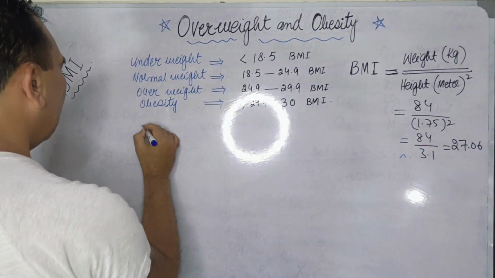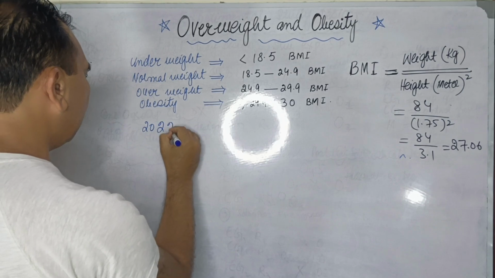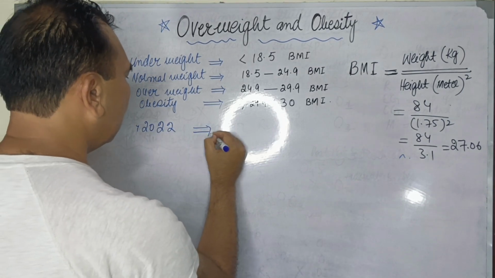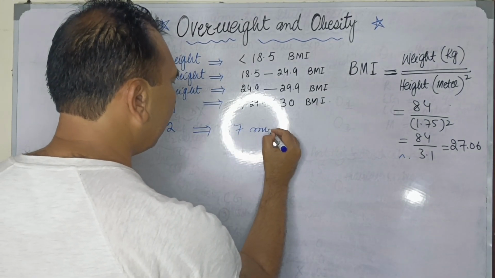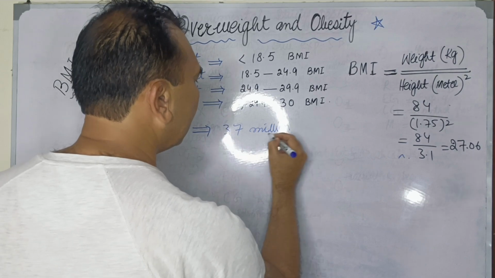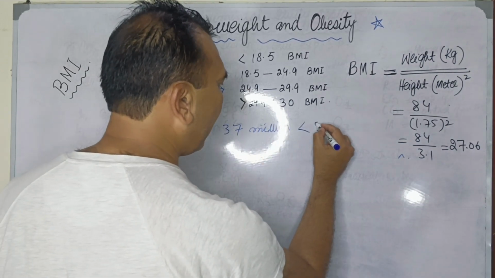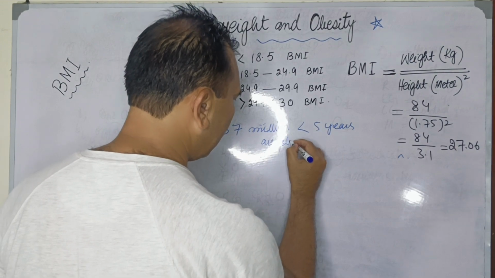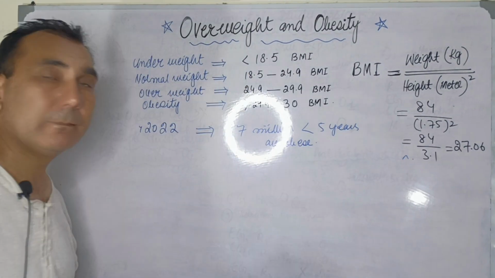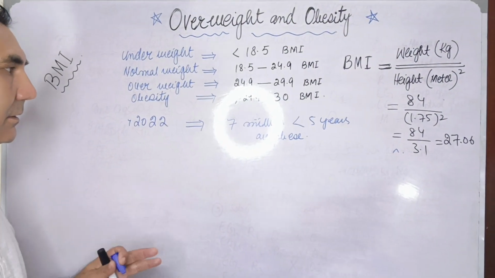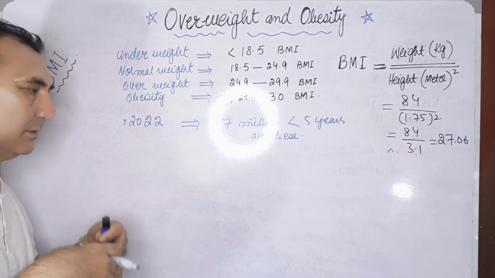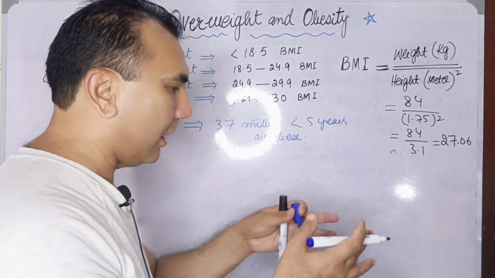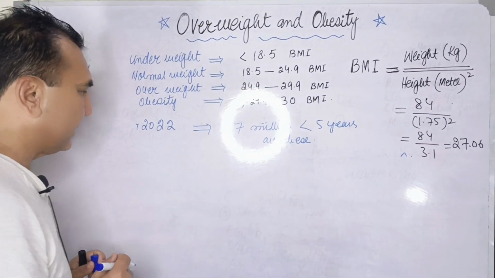As WHO says, in 2022 around 37 million kids under 5 years are obese, and 900 million adolescent-age people are obese.